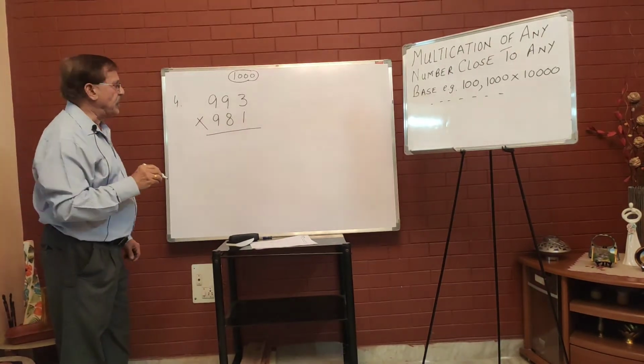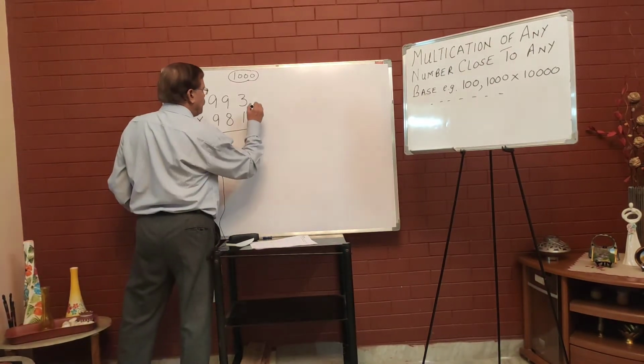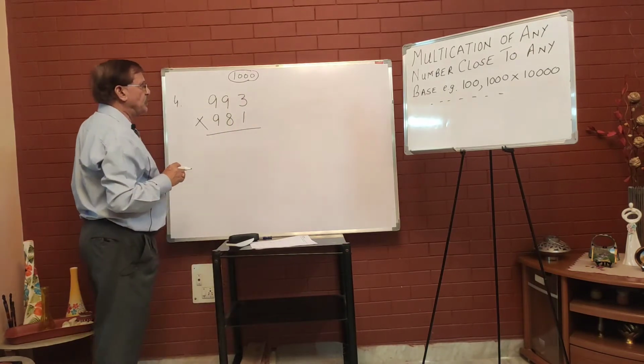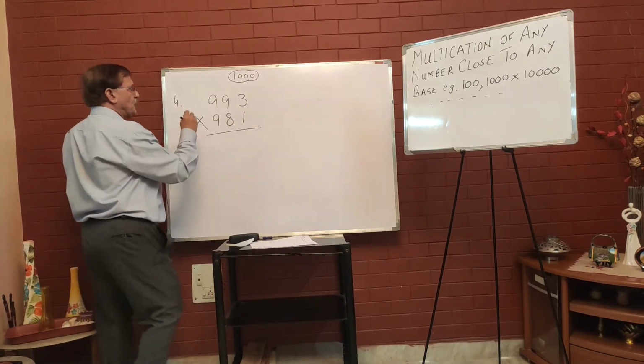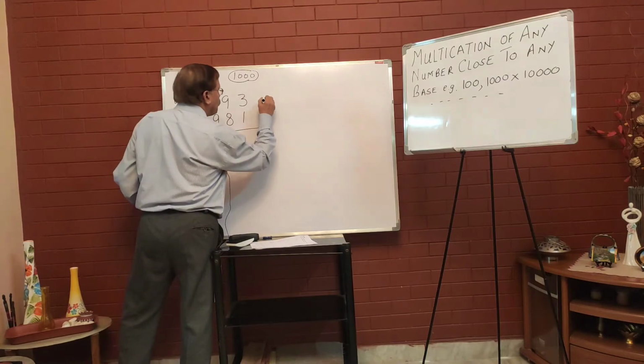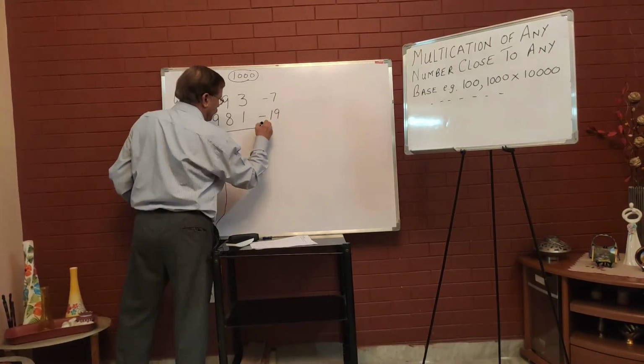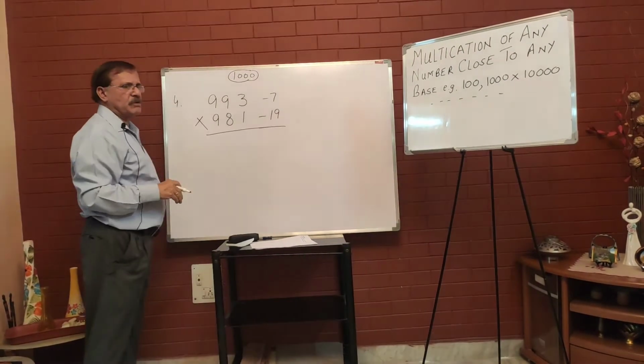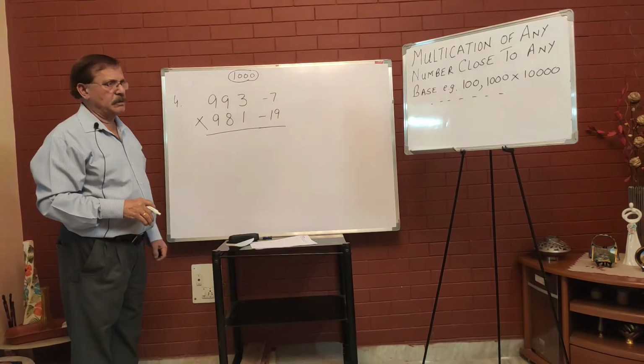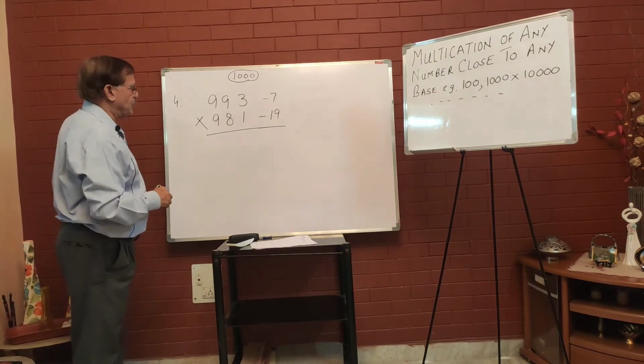The same trick and technique, you find the deviation. Both the numbers are near 1000. So 993 is far away from 1000 by minus 7, and this will be 19. Don't worry about the numbers being less or more. You can always do the calculations.